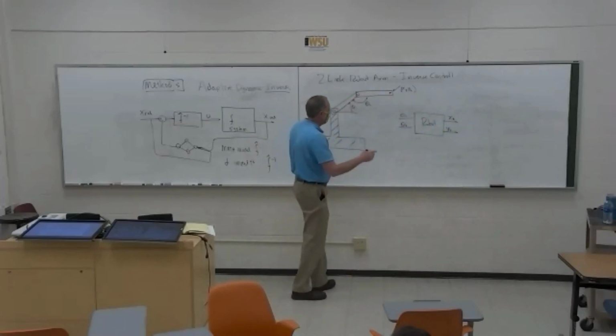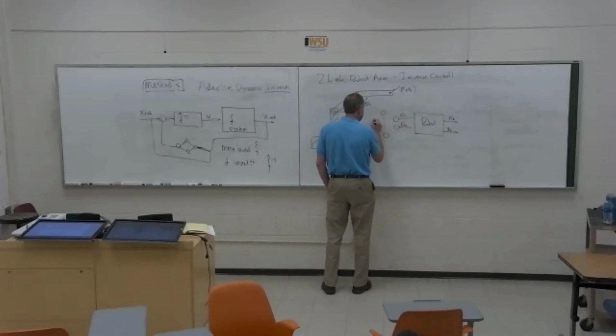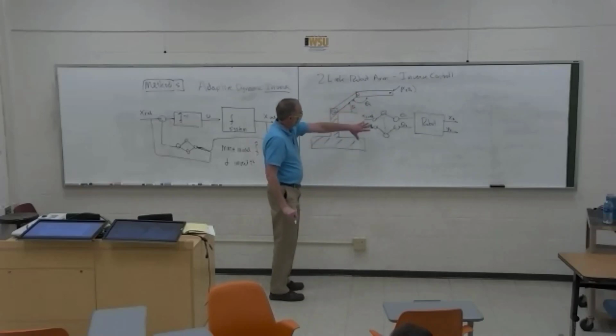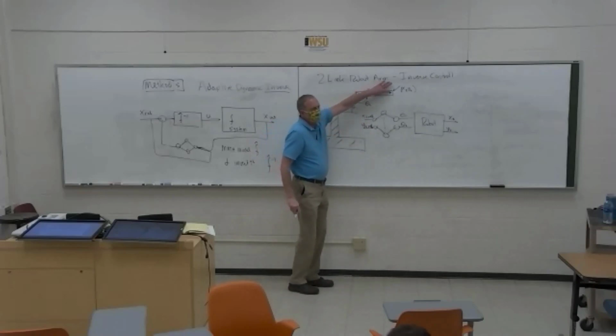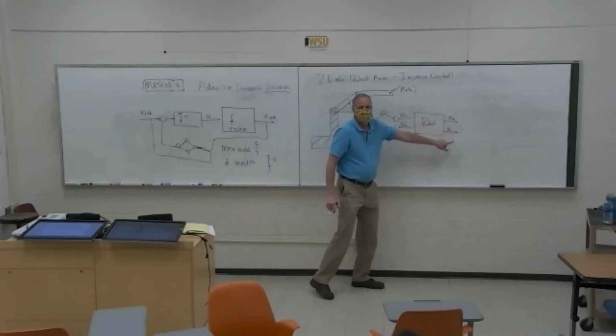And the way we approach it with neural nets for this example, because it's an example of inverse control, is we train this by inverting the robot. Because we want to send the neural net the positions we want to be at, and the neural net's going to figure out what angles need to be put to the robot to get those positions out here.